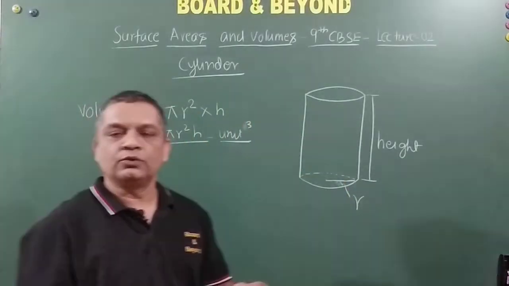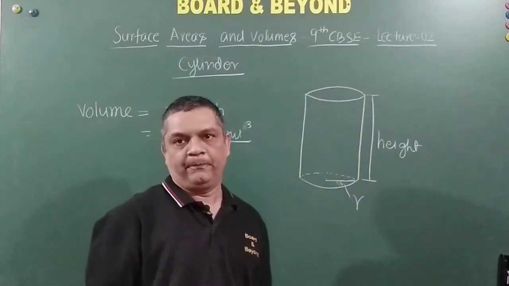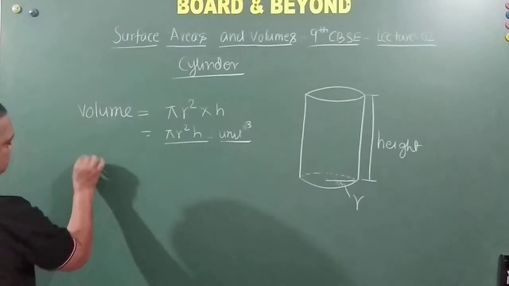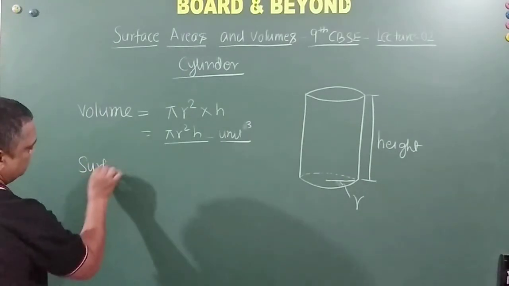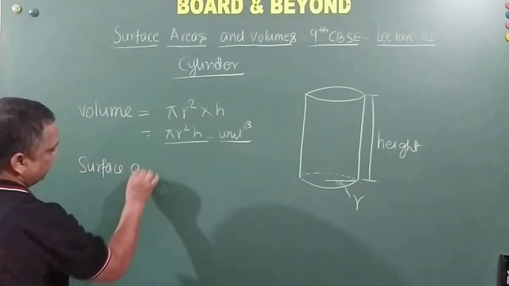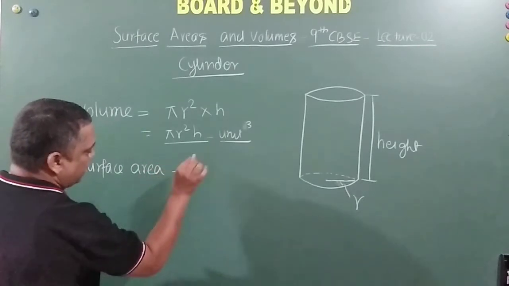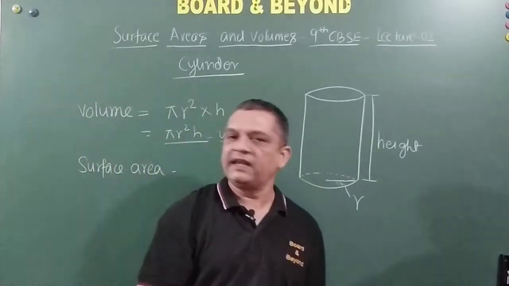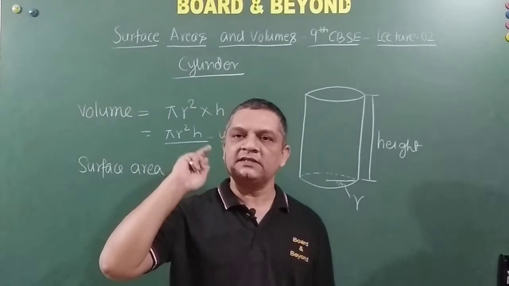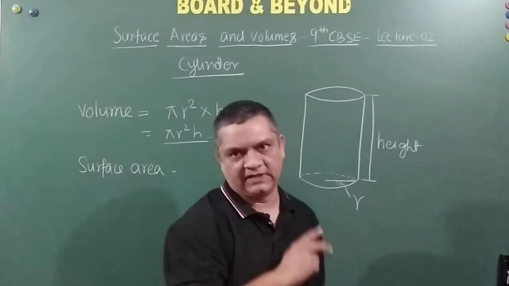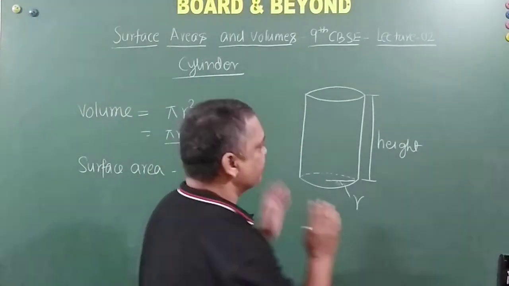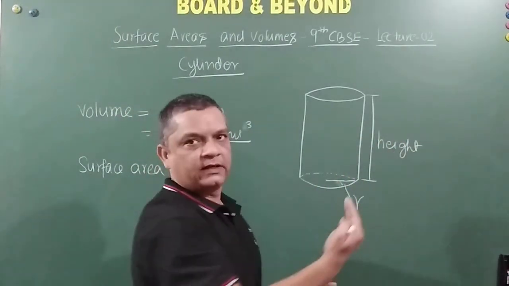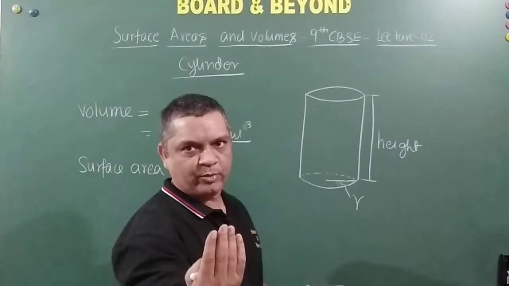Now coming on to surface area. Under surface area also, as I told you, there are two kinds of surface areas. One is lateral and one is total surface area, right? So lateral surface area is nothing but the curved portion for a cylinder, correct? You are getting my point?